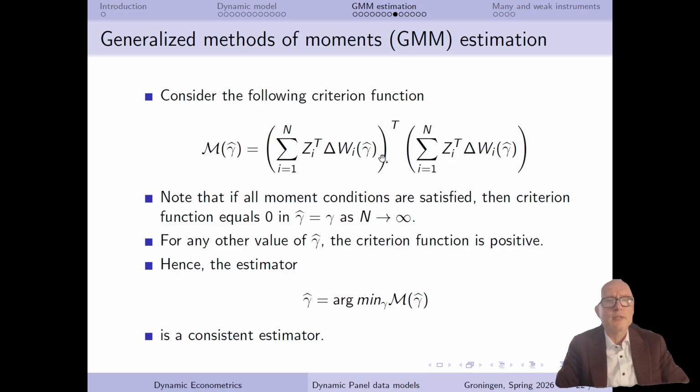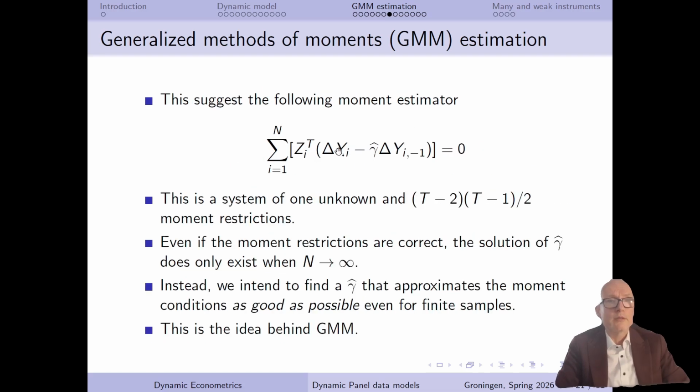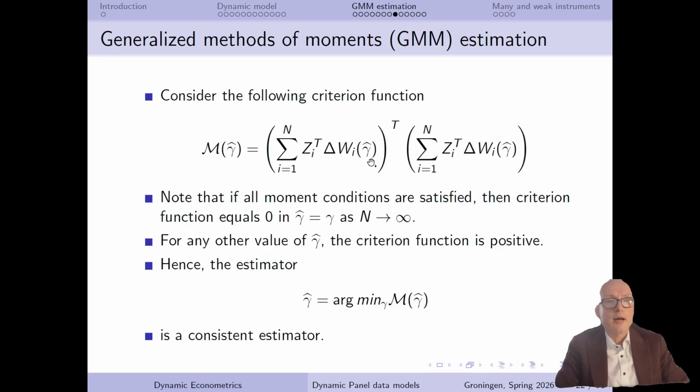It's written a little bit differently because I have used delta w_i(gamma hat) for delta y_i minus gamma hat multiplied by delta y_{i-1}, but it essentially is exactly the same. Well, we should realize, as I already said, that this is actually nothing else than a vector of all our moment restrictions. We can of course transpose that and multiply that another time by the same vector. We get then the inner product.